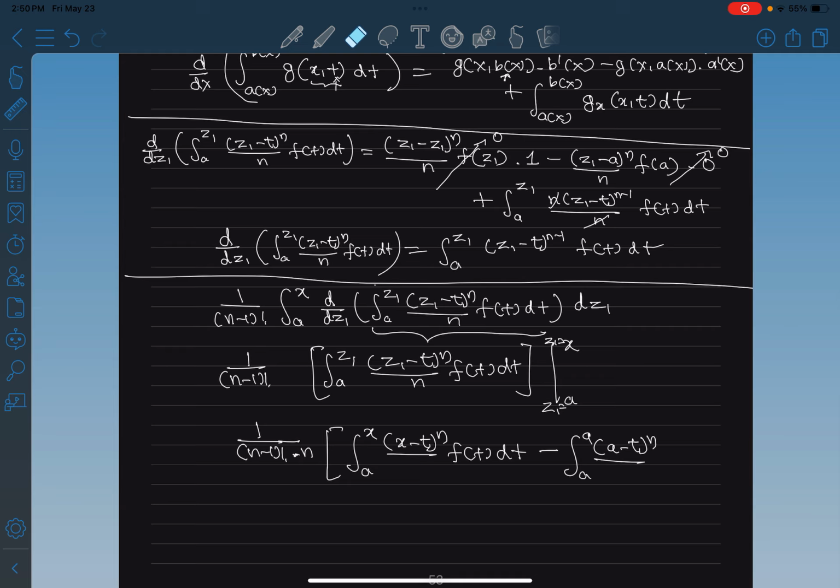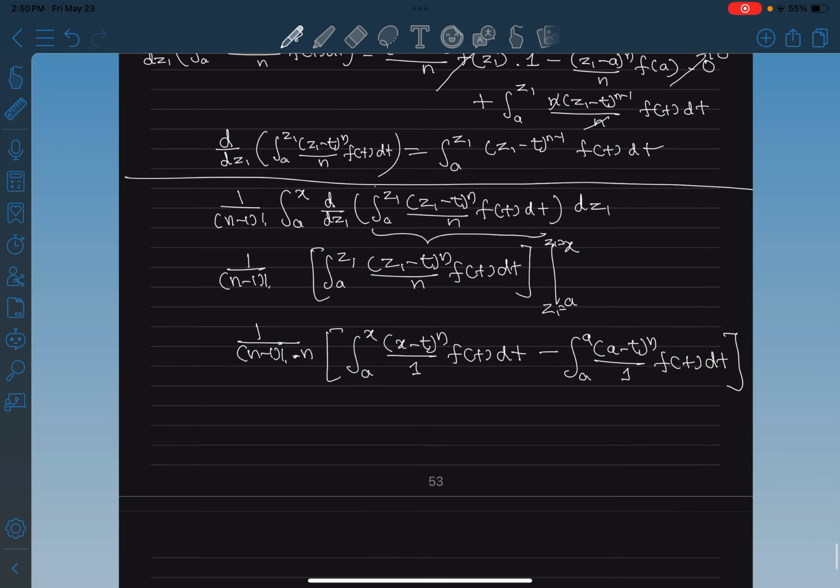Since the second integral is from a to a, that should be 0. So this becomes 1 by n factorial, integral from a to x of (x minus t) to the power n, f of t dt, and the second one is 0, so that's just the answer.